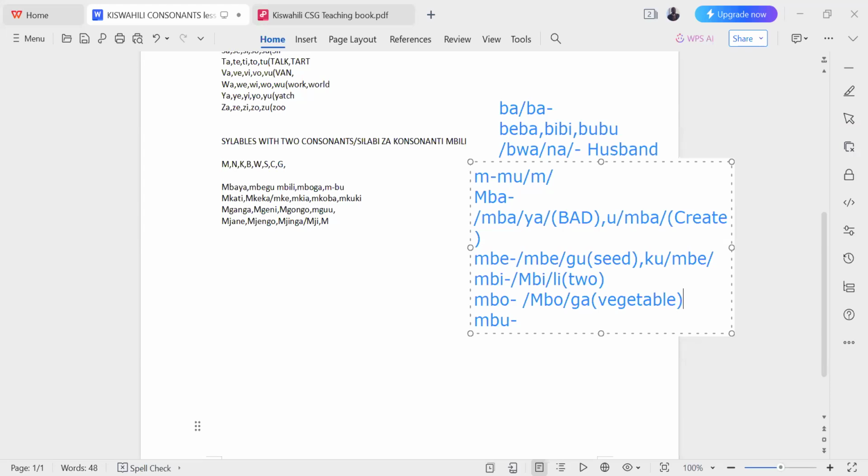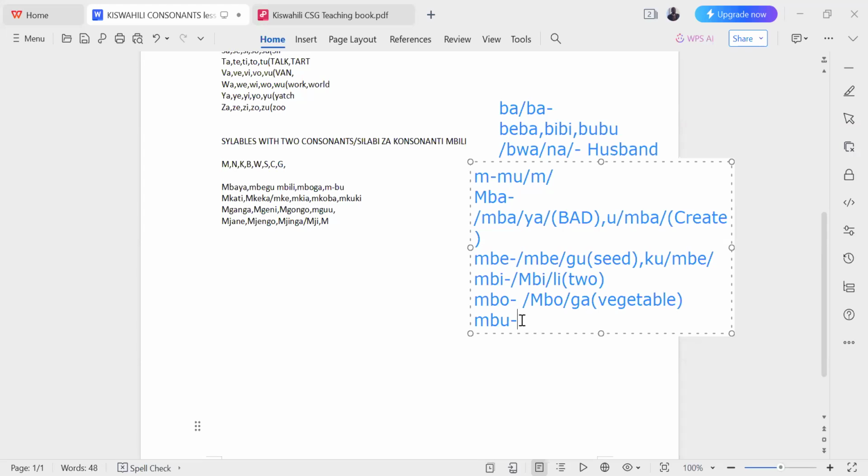Something that you eat with any starch will be mboga. But the initial, pre-known meaning of mboga is always vegetable, which means greens. So most of the time, mboga will refer to greens. But in a context like a hotel, mboga will mean anything you take with starch.